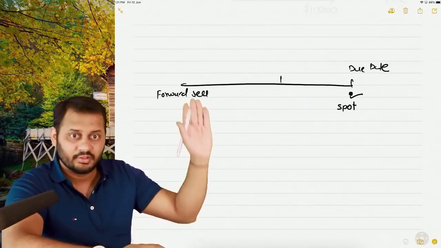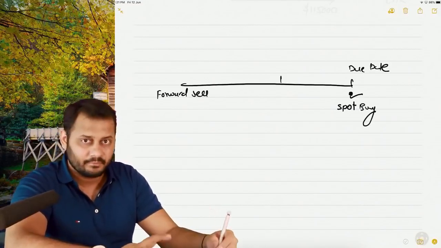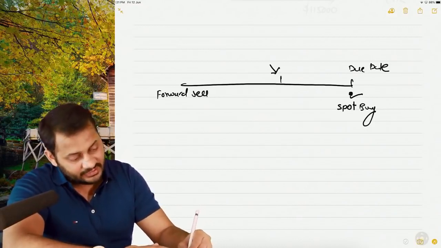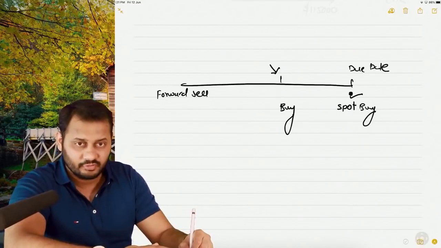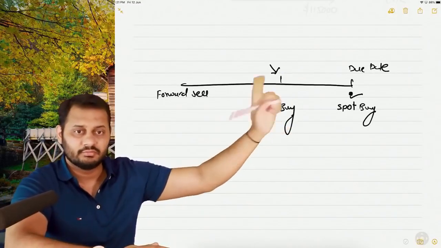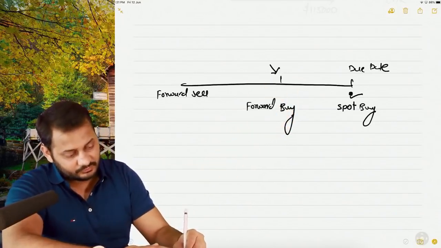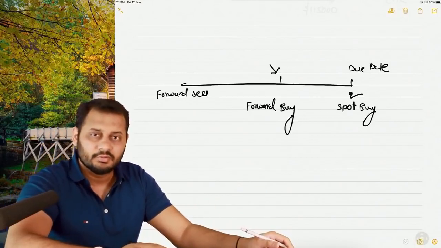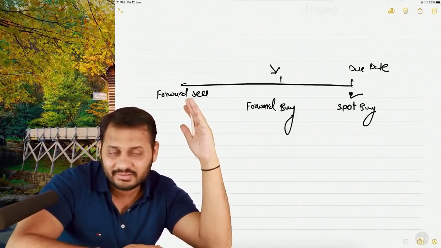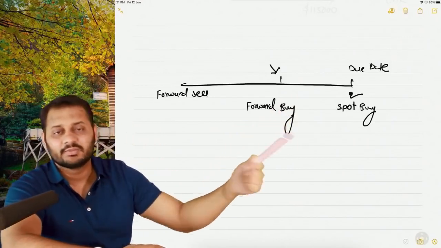That means spot, and sell will be cancelled with buy. Simple. But if you want to cancel on this earlier date, sell will still be cancelled with buy. First of all, this contract is expiring 1 month from today, so you will also take a 1 month forward buy in order to cancel. If you are cancelling here, take forward buy. If you are cancelling on the due date, take spot buy.